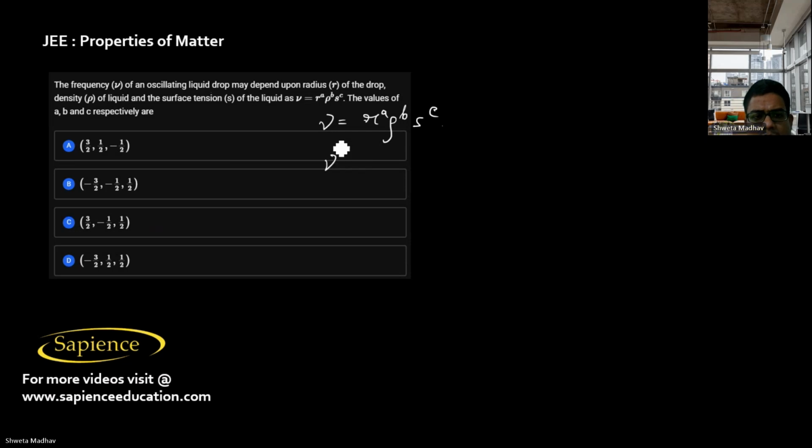So the dimensional formula should be the same on both sides. Now the dimensional formula for frequency is T to the power minus 1.